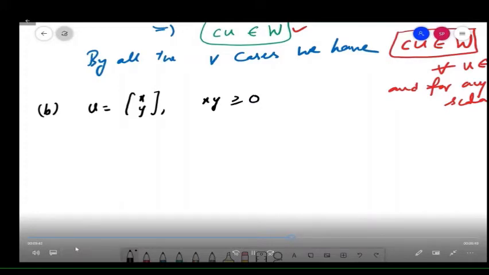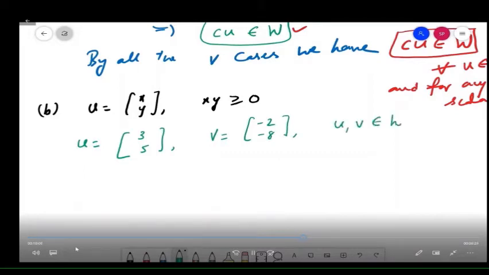Let me take u is equal to (3, 5), and then v is equal to (-2, -8). Then both u and v belong to W, because they satisfy the condition. u plus v is equal to (3 minus 2, 5 minus 8), which is equal to (1, -3).